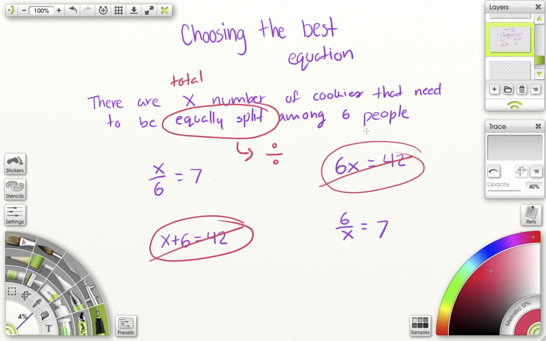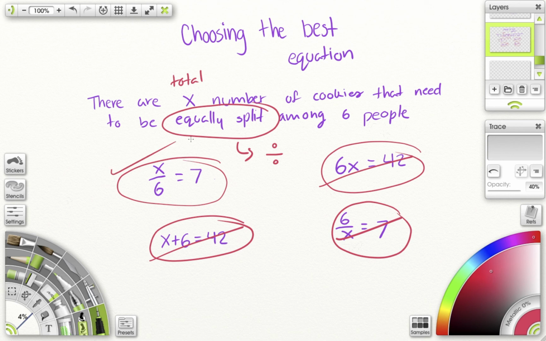So it needs to be the total divided by 6. So I know that this can't be it because this is 6 divided by x. We know that won't work because I don't have 6 people that I'm trying to equally split amongst the cookies. I have the cookies, the total number, and I'm splitting that amongst the people. So I know right off the bat that this can't work. So that means I am left with this. That is our correct equation.